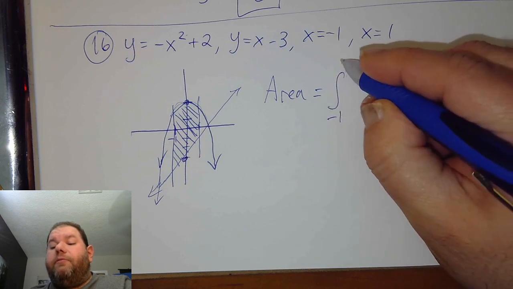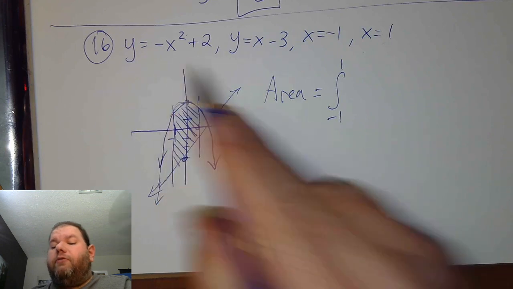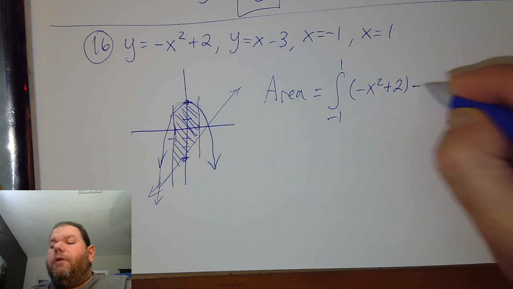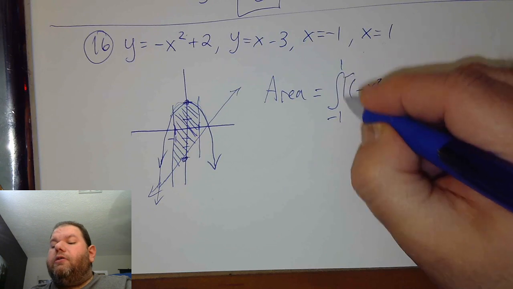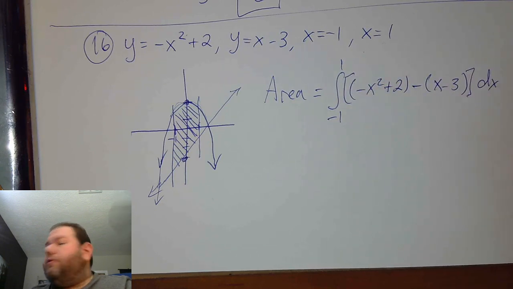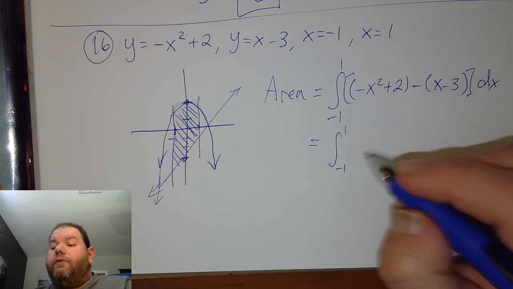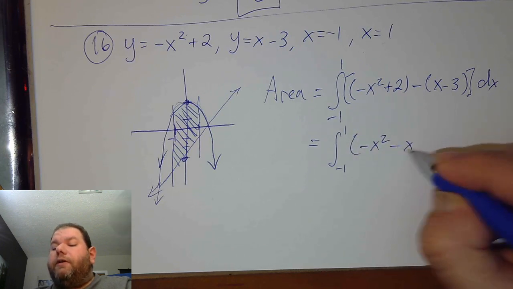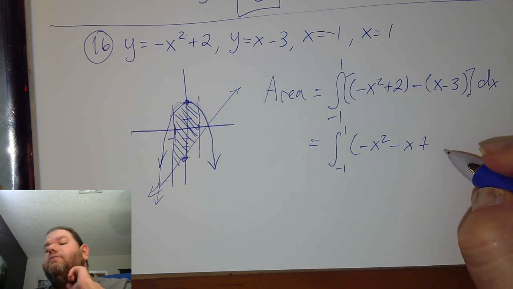So we know our integral is going to be from -1 to 1. Our top function, or curve, is -x squared plus 2 minus our line, which is x minus 3. Those are subtracted from each other, and we have dx still. So if we go ahead and subtract those two binomials, we get -x squared minus x plus, it looks like 5.